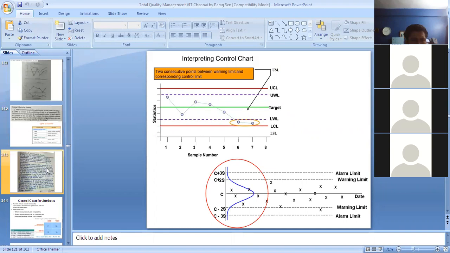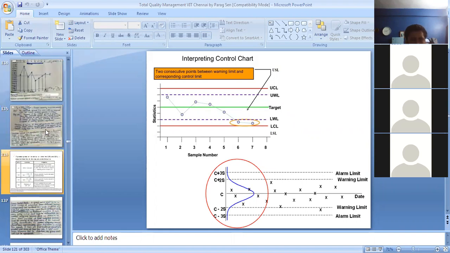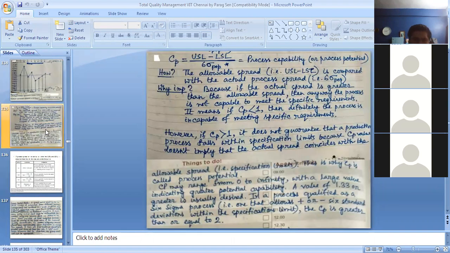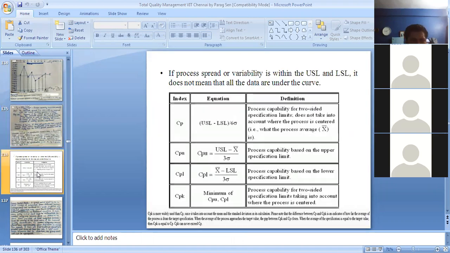That's why we use one particular index, which is known as Cpk, the process capability index.